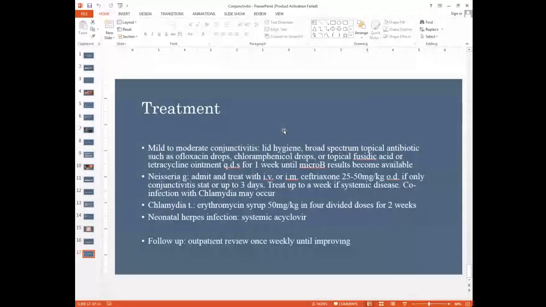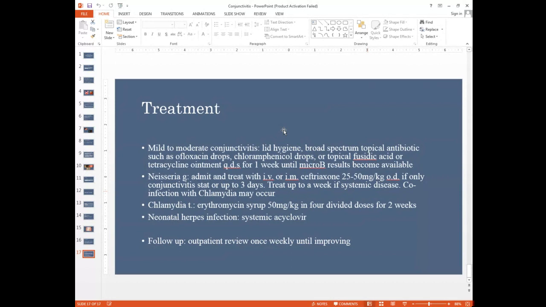In terms of treatment, for mild to moderate, I mentioned lid hygiene before, but antibiotics usually are given, broad spectrum, such as ofloxacin drops. If they can't get those drops, they can also use tetracycline ointment, which is very inexpensive and accessible, for 1 week and until you get back any results from microbiology.